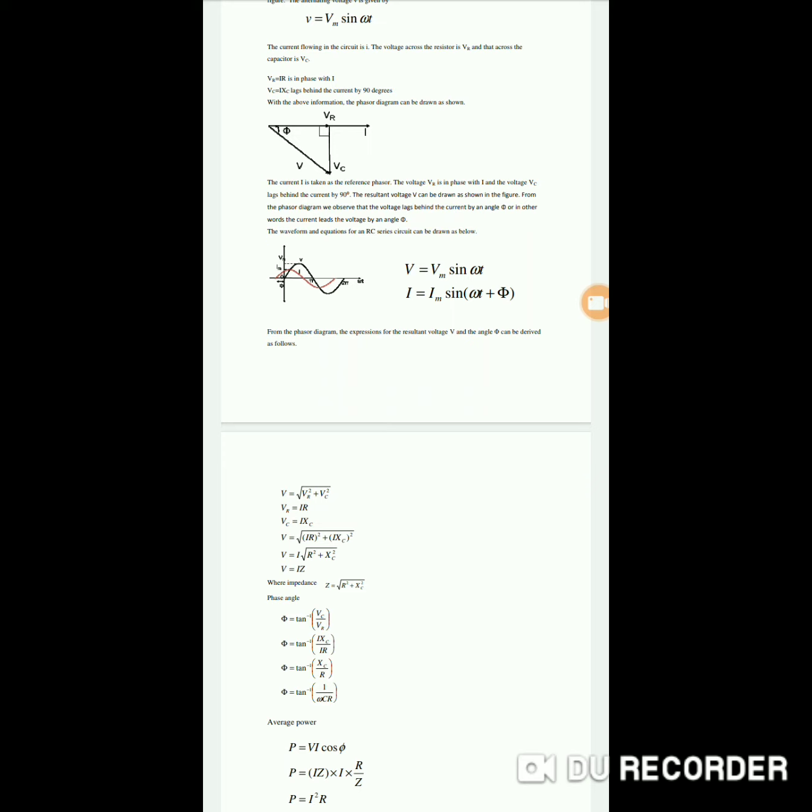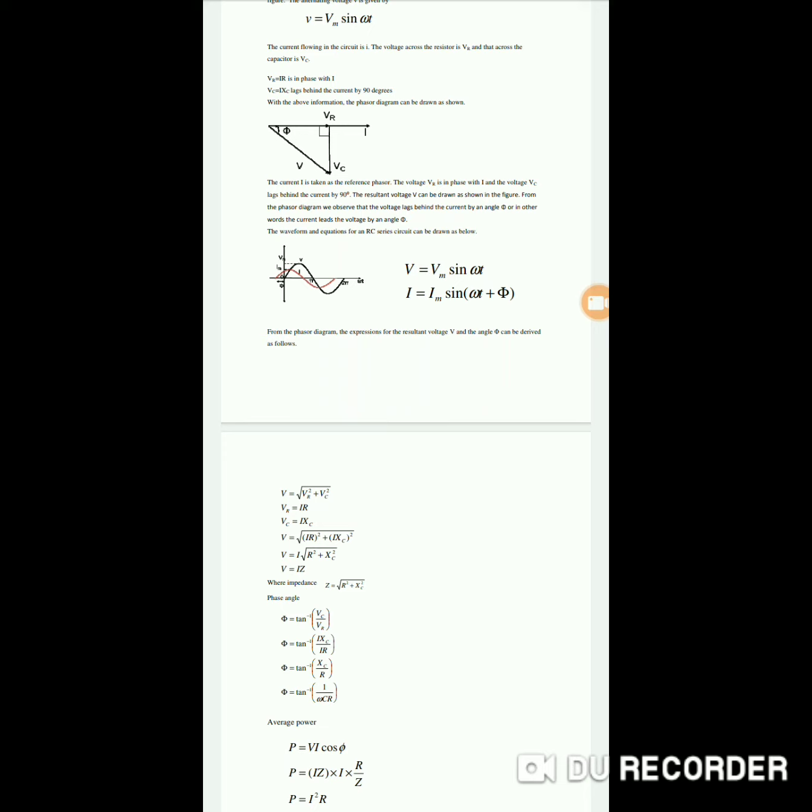Substitute these two in the above equation, so V is equal to the square root of (IR) square plus (I XC) square. Taking the current I out as a common factor, V is equal to I into the square root of R square plus XC square.